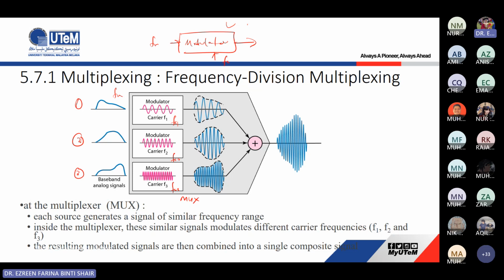For the first signal, we use a lower frequency. For modulator 2, the frequency FC2 is higher compared to FC1. And for FC3, we set the carrier frequency to be higher compared to FC2 and FC1.